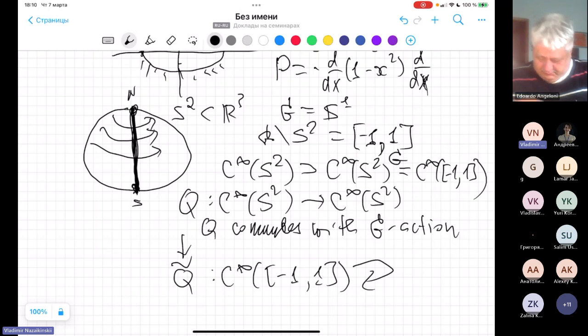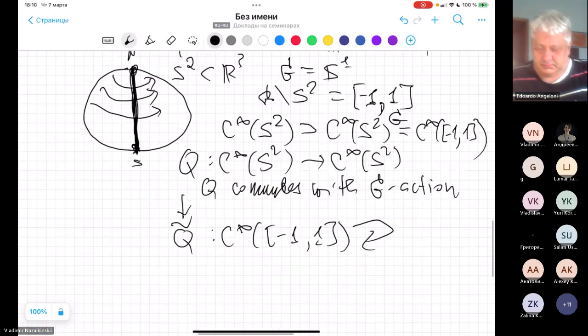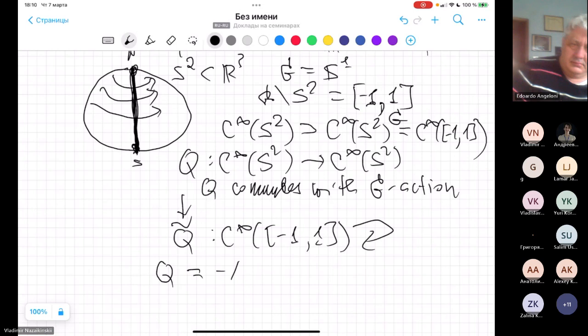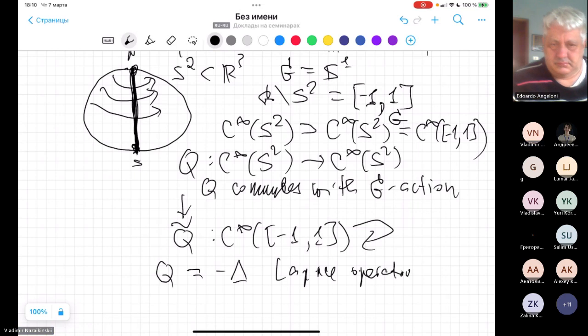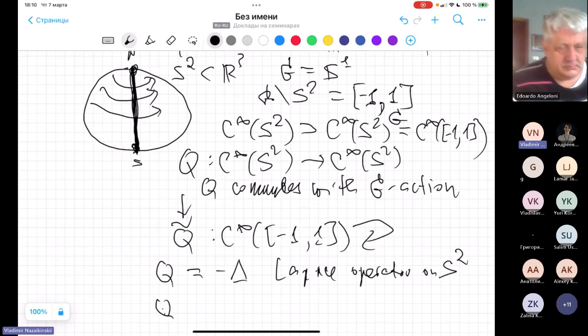And now if for Q we take the Laplace operator, then the operator Q tilde is just equal to our operator P.